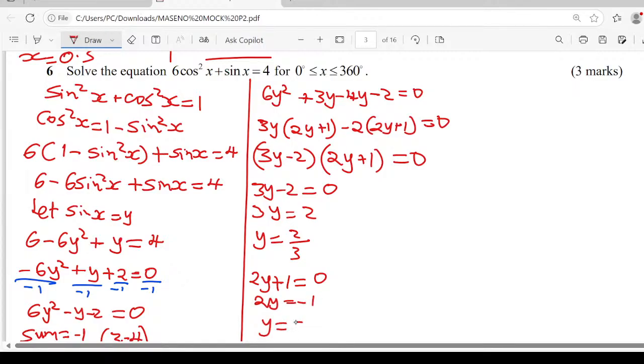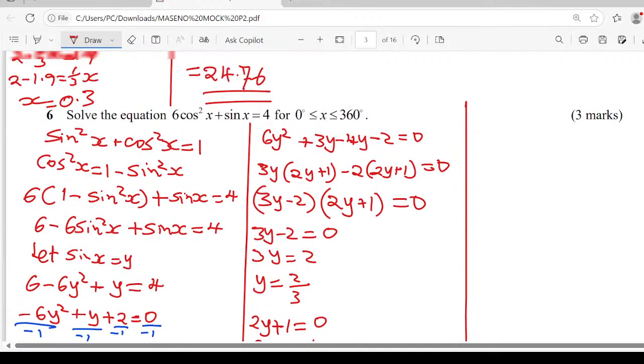So y will be equal to negative a half. So I'm getting two values of y, learners. I'm having y being equal to negative a half or 2 over 3. Those are the values of y I'm getting.